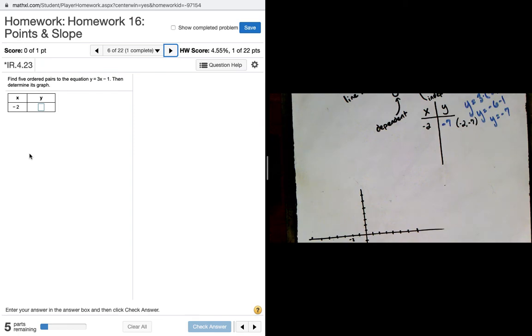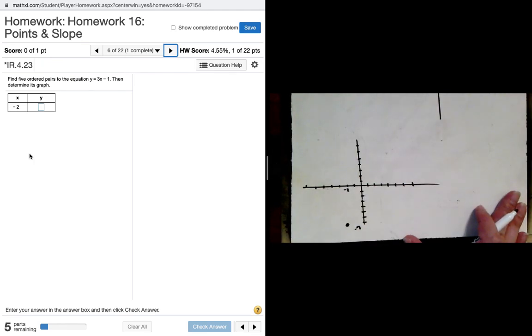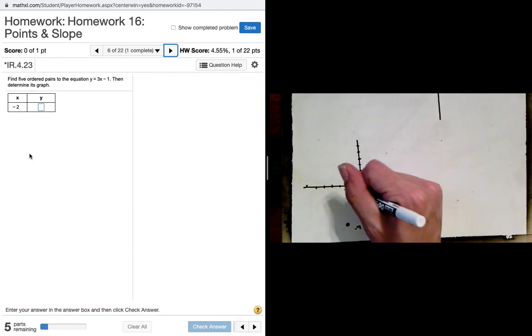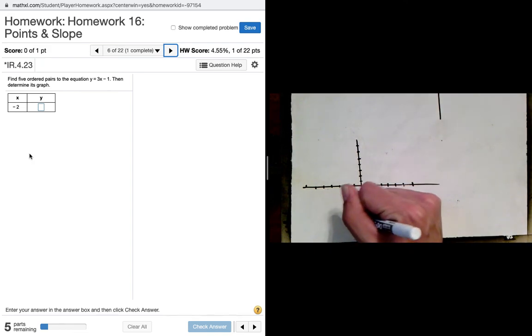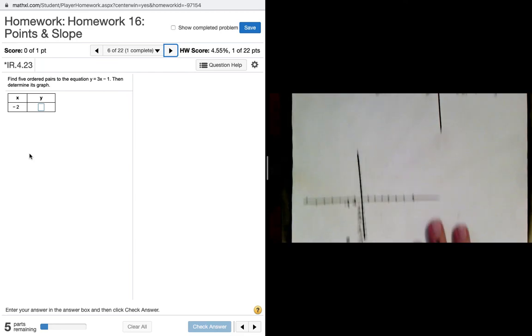It's going to be somewhere down here. Well, there we go. There's my first point.